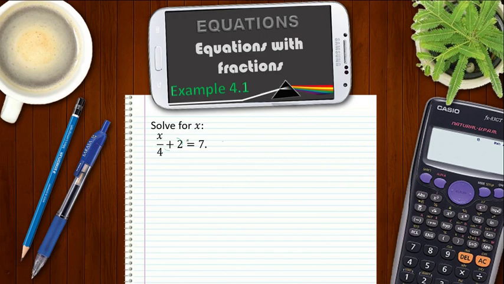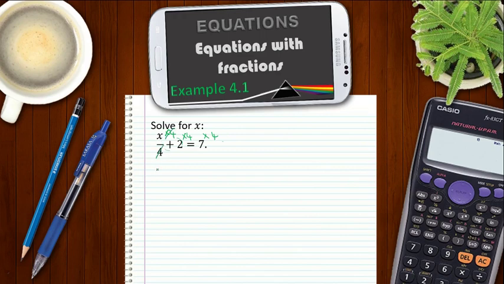Another way we can look at this is to immediately get rid of the fraction by simply multiplying through whatever is in fraction form. So to get rid of a 4, you have to multiply by 4. Do that right through your equation, with each and every term, which then cancels that.